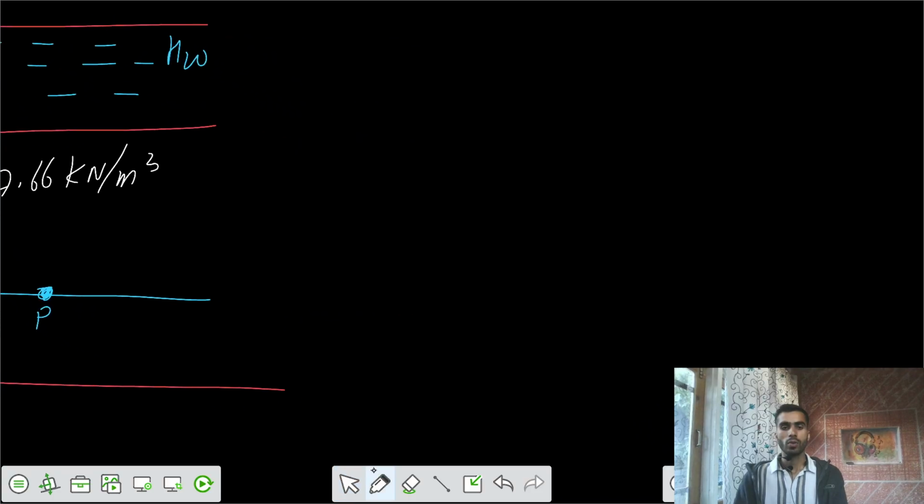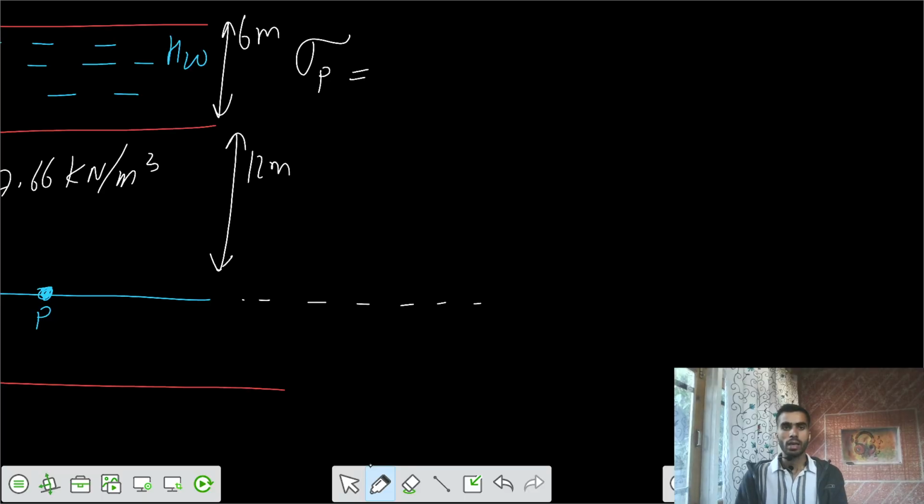So I would calculate total stress at this location. What is the total stress at that point B? The lake is 6 meters, and this is your 12 meters. I would write the total weight above that section. That's because of water, gamma W into 6 meters, plus gamma sat of the clay into 12 meters.